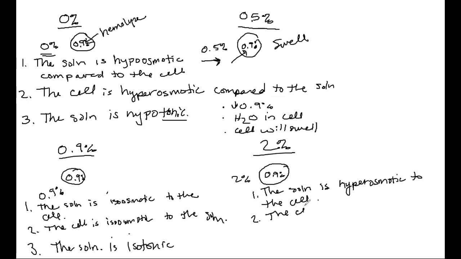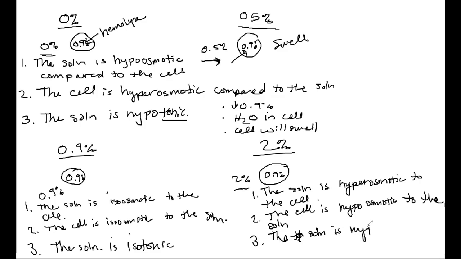The cell is hypoosmotic to the solution, right? And then 3, you're naming this outside solution and it's more particles. So what do we call that? Good. The solution is hyper.